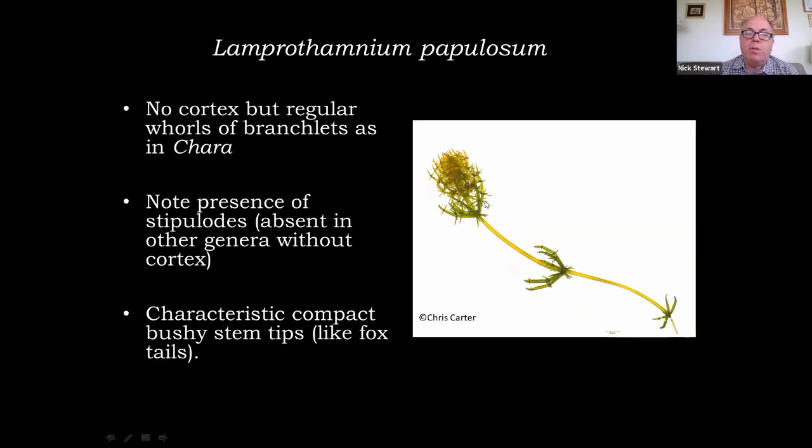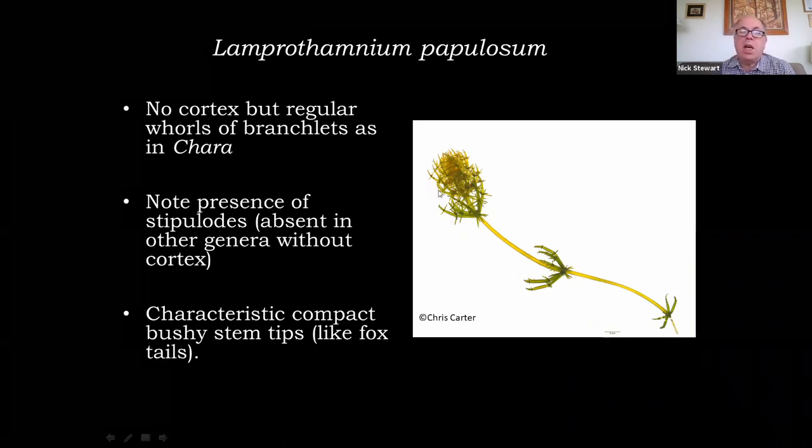In English, we call it foxtail stonewort, because it typically has a bunch of contracted ends with overlapping, and particularly when well developed, it's supposed to look a bit like a fox's brush.